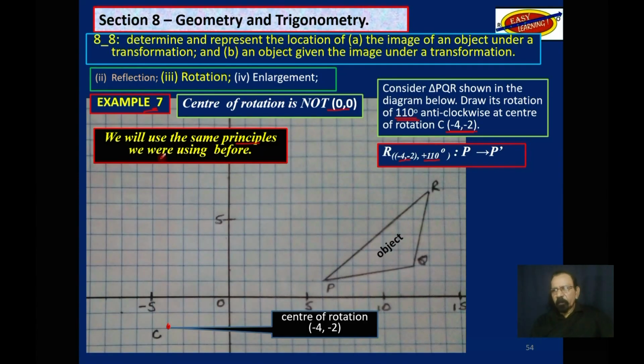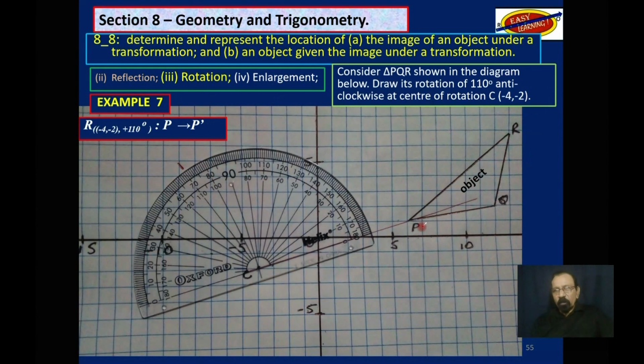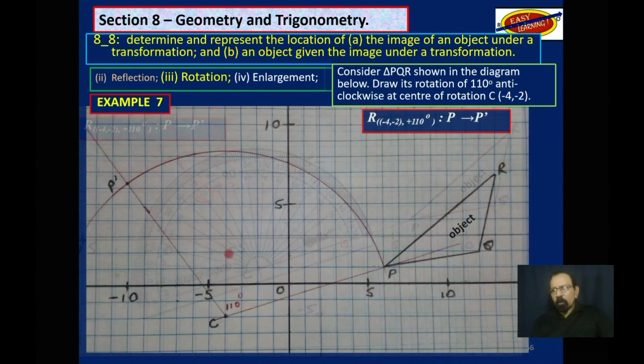We use the same principles as we used for the last 6. From P to the center of rotation, draw a construction line. From there, measure 110 degrees. And now we will mark a line through there. Take an arc from C to P, and this point here will be P prime.